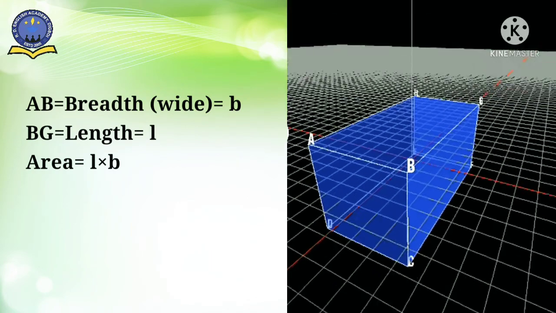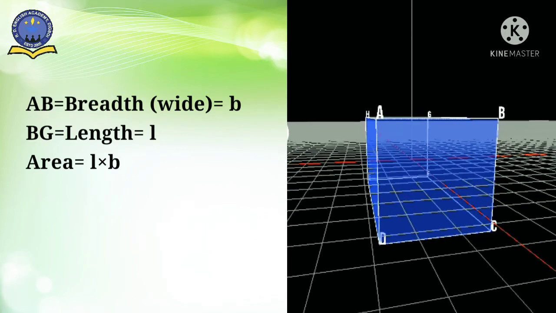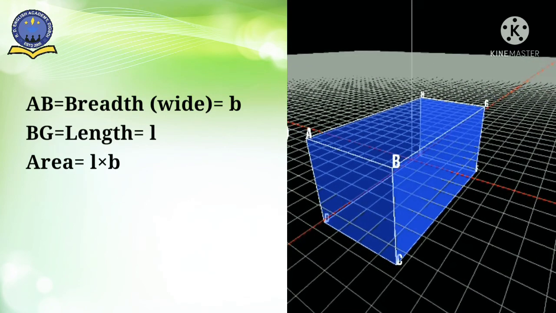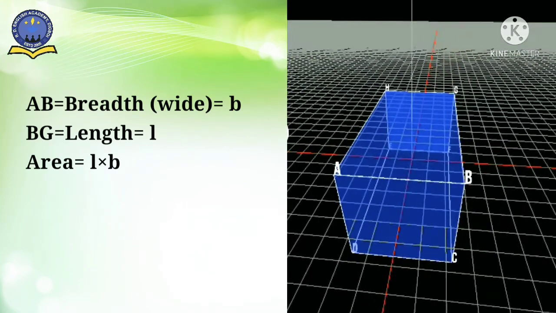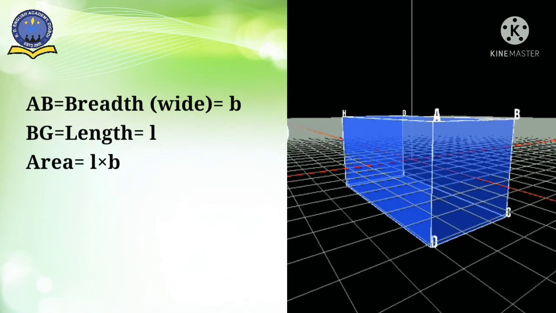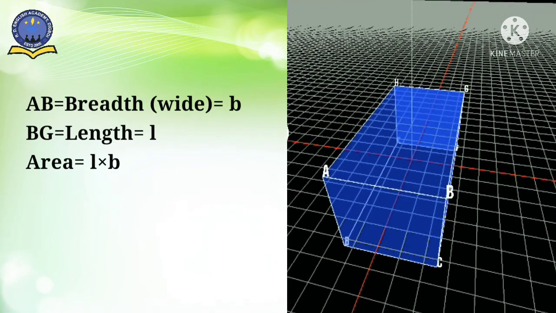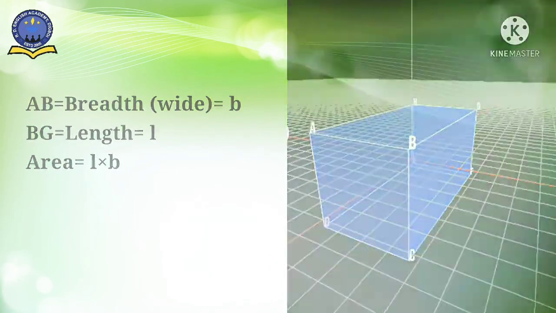When we write the formula, we write 2 times breadth into height and length into height, but only 1 time length into breadth, because the top part is open. With the help of this, we can easily solve the given question. We have to find the area of the sheet where the top part is open. Is it clear? Okay.